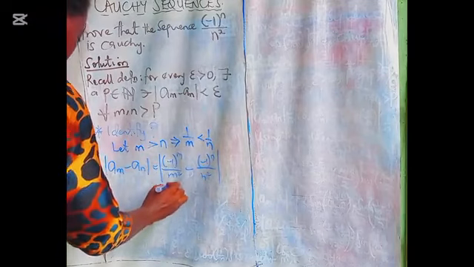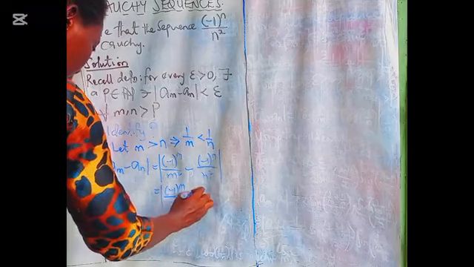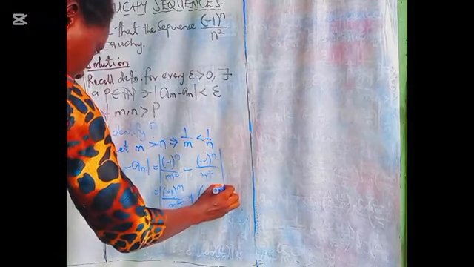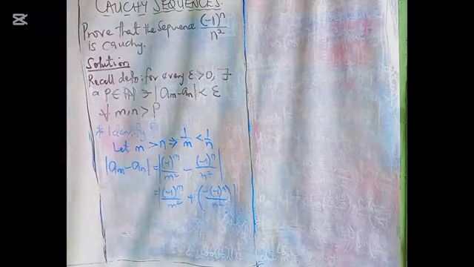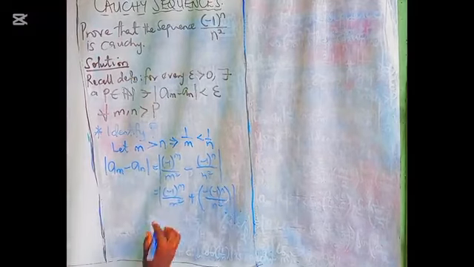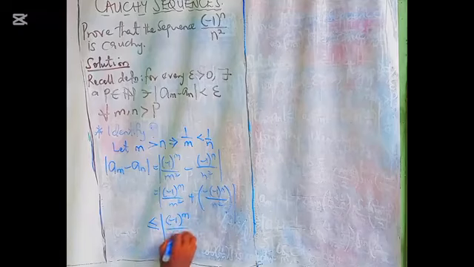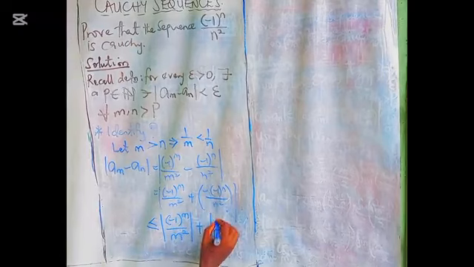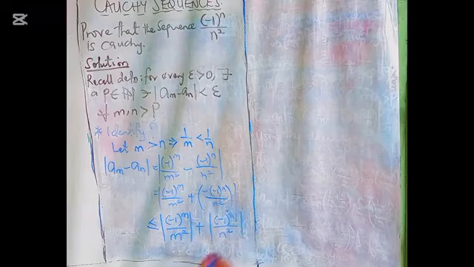And this gives us (-1)^m over m squared plus (-(-1)^n over n squared). And we can use the triangle inequality on that. This will be less than or equal to |(-1)^m over m squared| plus |(-1)^n over n squared|.